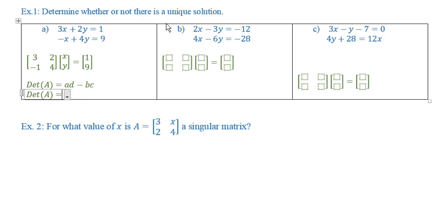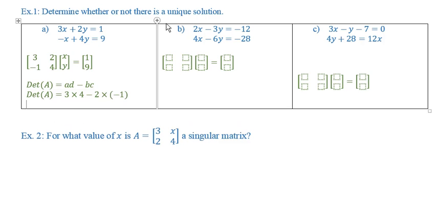Okay, so the determinant of A is 3 times 4 minus 2 times -1, which means the determinant of A, 12 minus -2, will give me 14.